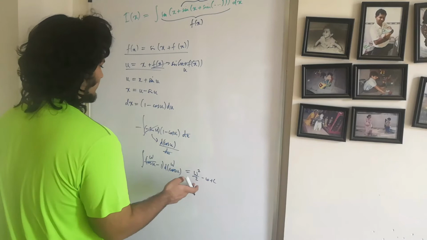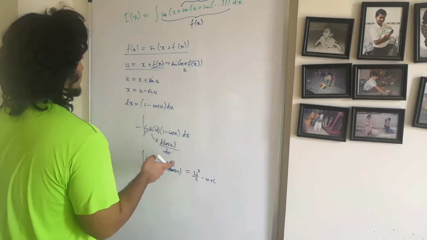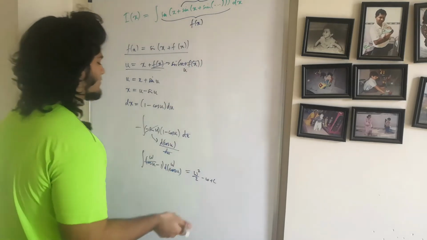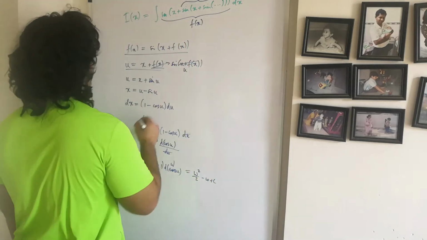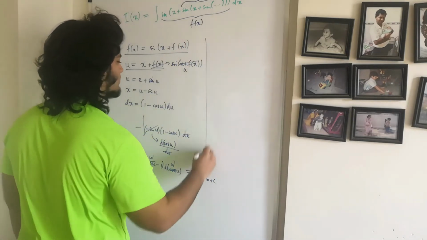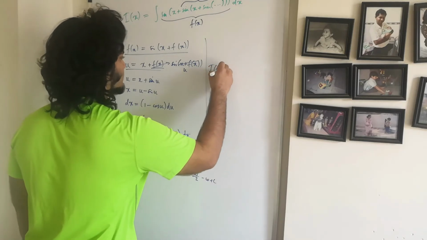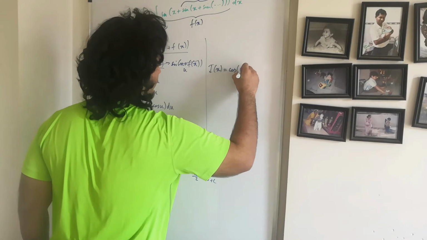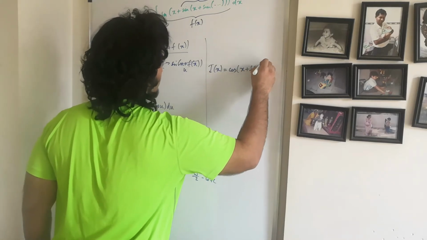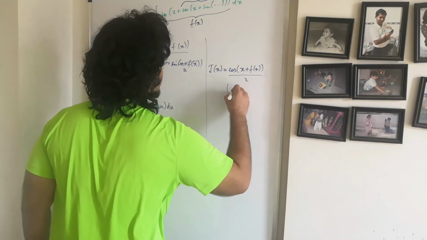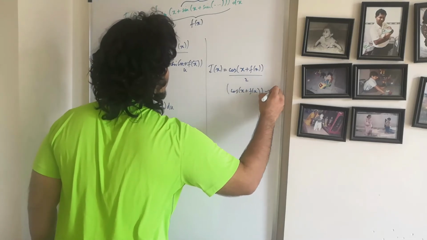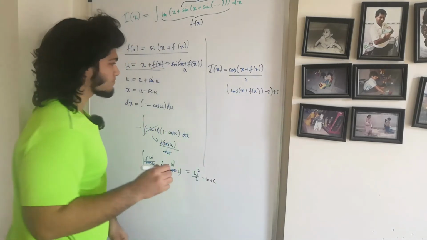And what is w? That's cos of u. What is u? U is x plus f of x, so w is cos of x plus f of x. So in the end, I of x equals cos of x plus f of x by 2 times cos of x plus f of x minus 2, plus c.